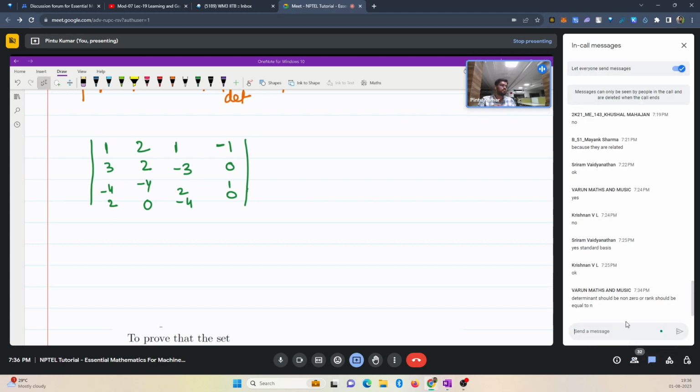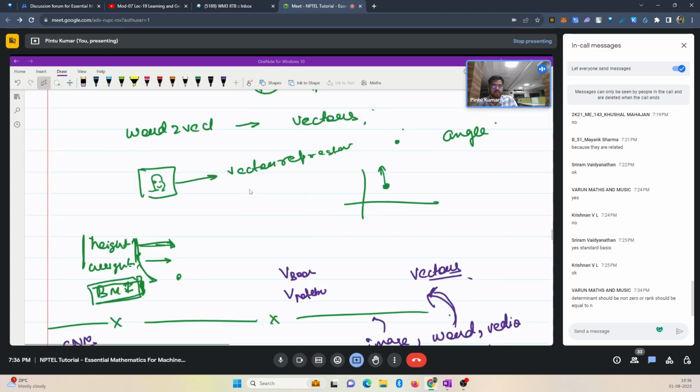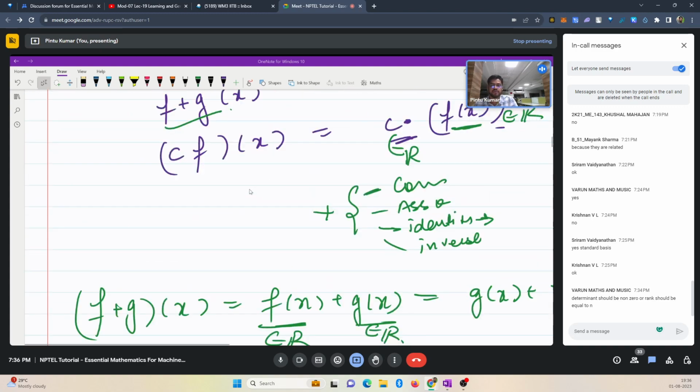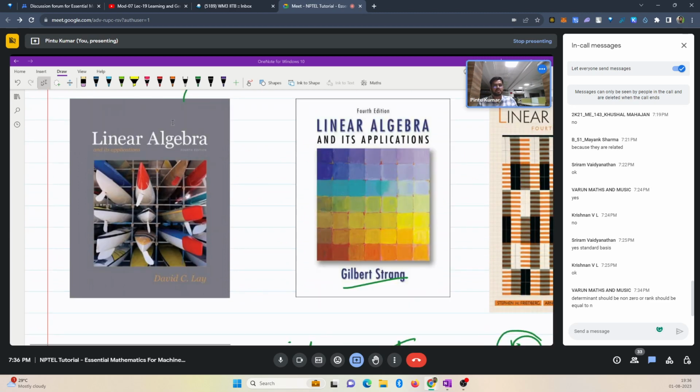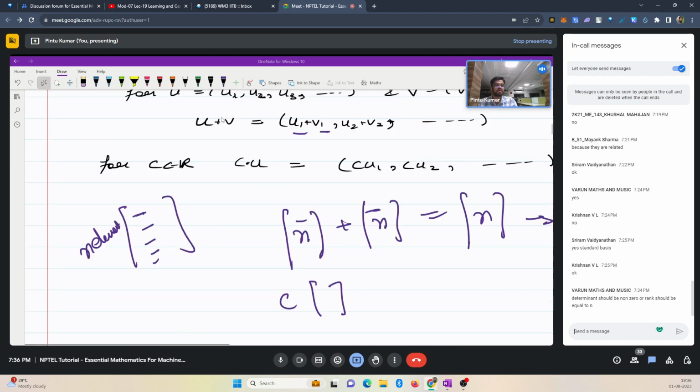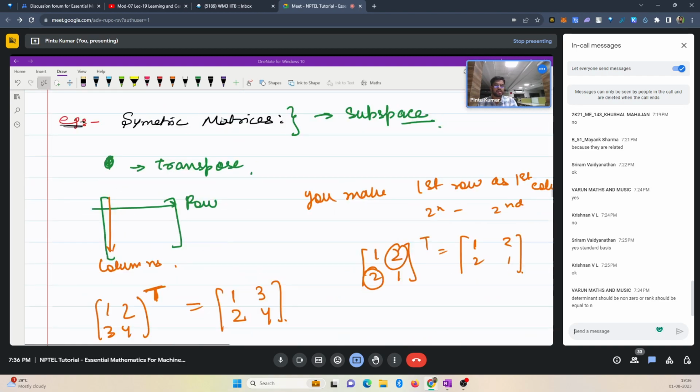There might be many things in the original lectures and this tutorial which we are skipping, for example, elementary row operations and finding determinants. If somebody is not very comfortable, again I would recommend this first book, Linear Algebra by David Seeley. Just go through the first chapter or the first two chapters, and the things would be very clear to you.